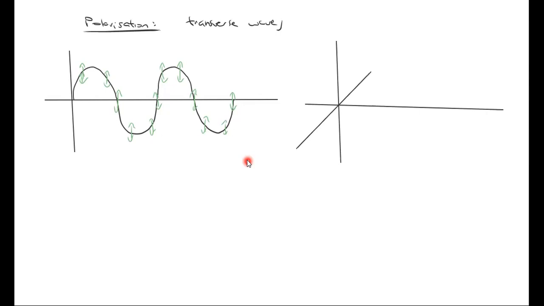So it's going to be hard to draw. And I would recommend perhaps you could look at some diagrams in your textbooks or animations on the internet to help you sort of understand this. But basically, rather than strictly up, down, or in, out, it's kind of going on this sort of diagonal.